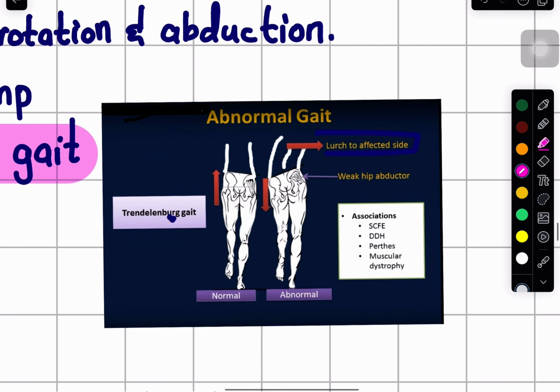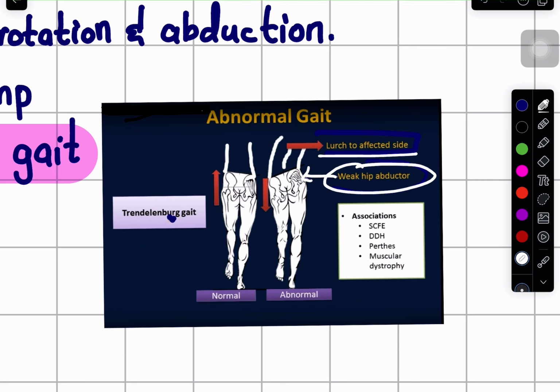And as we know, the Trendelenburg gait is an abnormal gait where there is lurching to the affected side. Lurching to the affected side means the side where there are weak abductors. As we can see here, if there is weak abductor, there will be lurching to the affected side. As you can see, the normal gait and the abnormal gait.